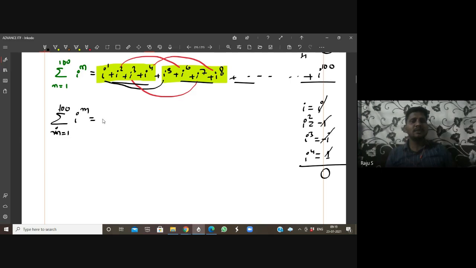i^m is 0 because 1000 is divisible by 4, so 250 complete cycles.